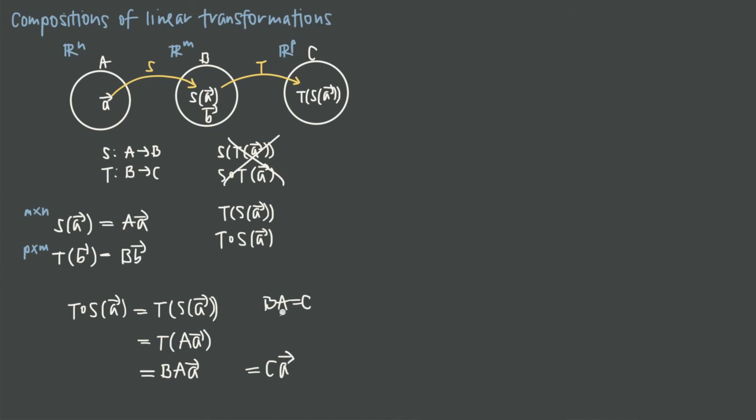So to give an example, if we say that the transformation S of a vector A is given by, and we'll just take a matrix here, [2, 0; -1, 4] times the vector A, and we say that the transformation T of some vector B, which is what we end up with here, S of A, we just rename it B, takes vectors that are in B and transforms them, we'll say [-1, -2; 3, 0].